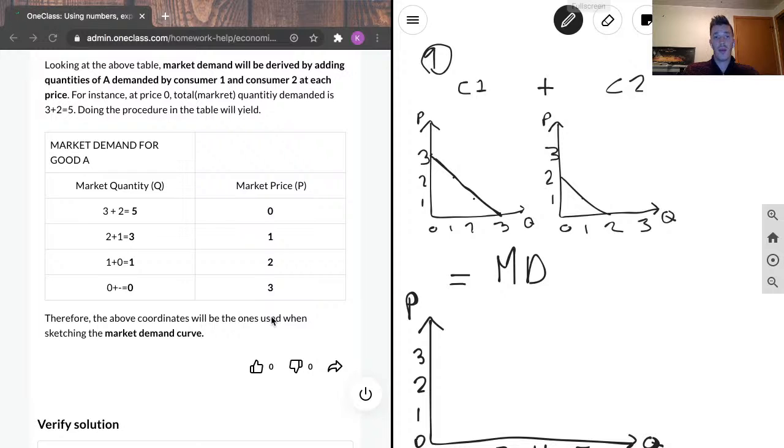So the market quantity is 0. At a price of 2, consumer 1 demanded 1 of the good, right here. We can see that the Q is 1 and the P is 2. And consumer 2 demanded 0 of the good. So at a price of 2, market quantity demanded is going to be 1.